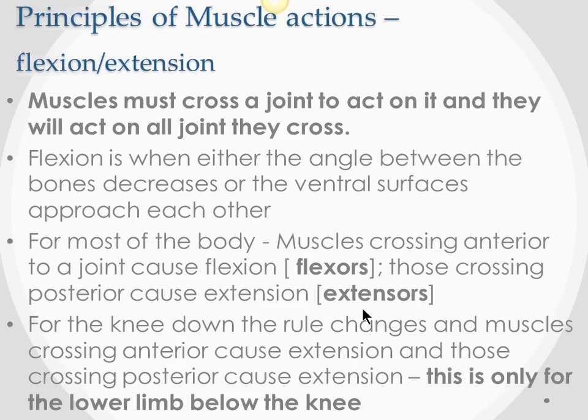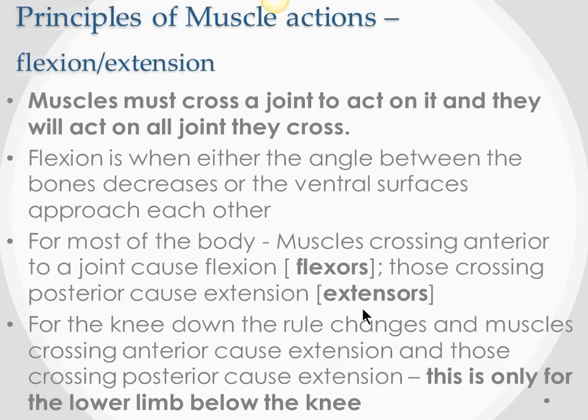Now, from the skeletal system, remember we talked about the movements, and we said flexion was a movement where two bones approached each other and the angle between the bones decreased, or when two ventral surfaces approach each other. For example, when you do flexion of the elbow, that's very obvious. The forearm comes closer to the arm and the angle decreases.